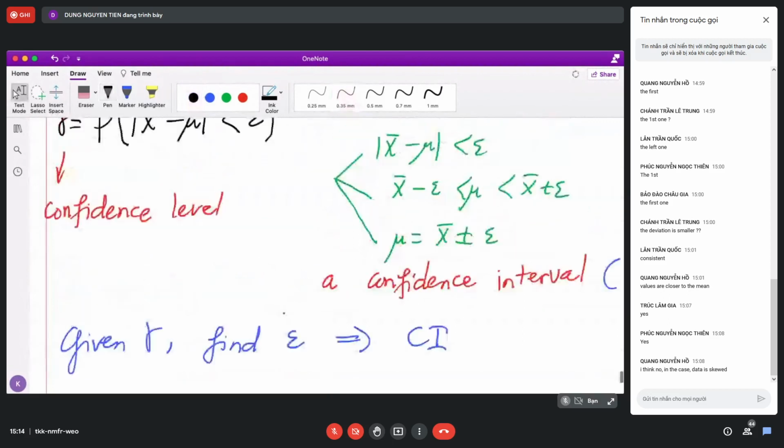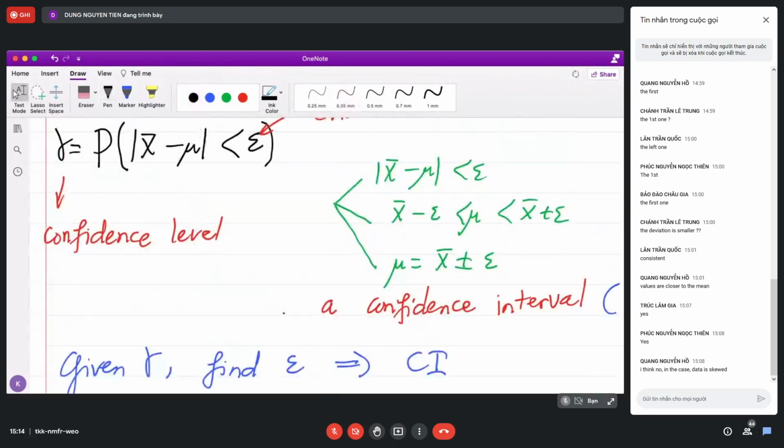But in this chapter, we only try to get confidence intervals for the mean value of some distributions. Okay. Do you understand? Is that all clear, everybody? So we are given a confidence level, and we try to find a confidence interval.